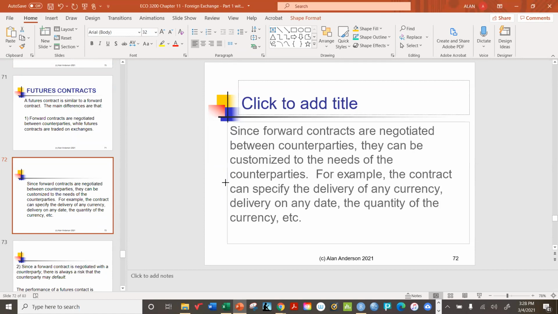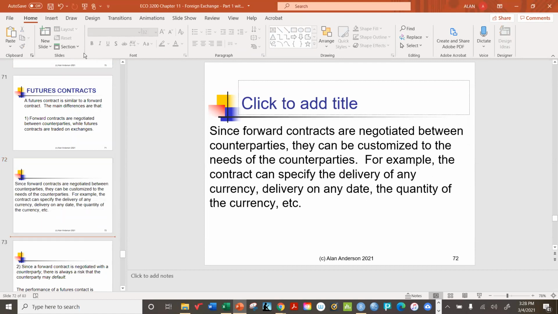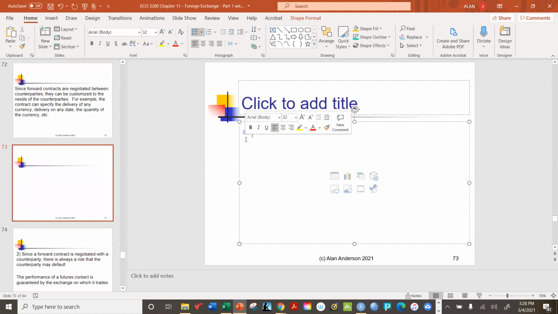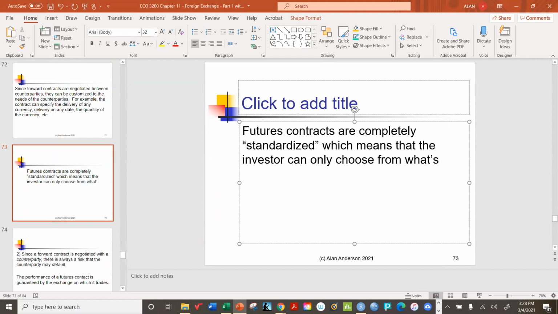With the futures contracts that we were just looking at, there's nothing customizable about it. Futures contracts are what we call standardized, which means that the investor can only choose from what's available at the exchange.